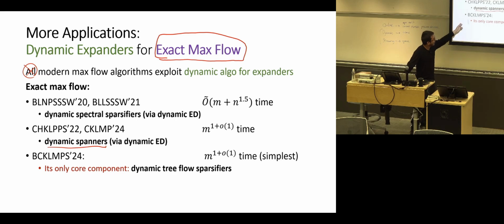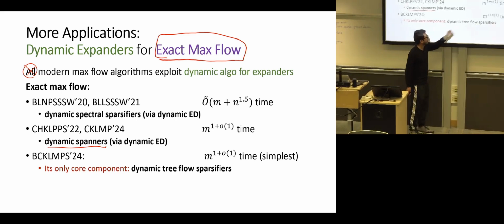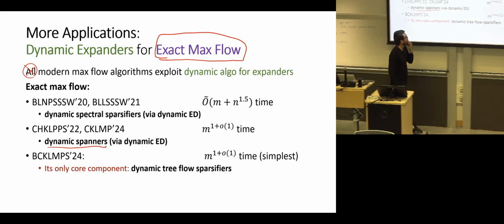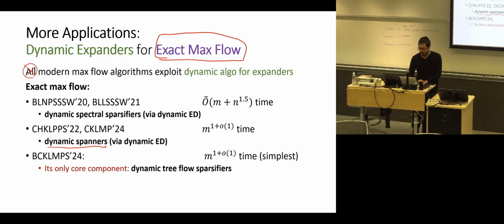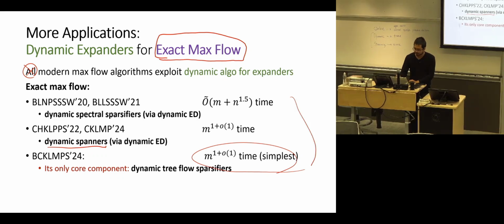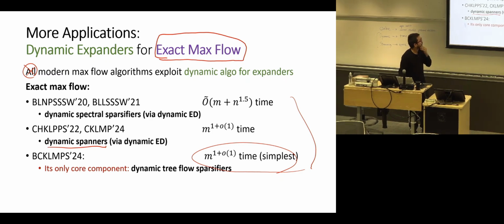But then there is another one which uses a dynamic tree flow sparsifier. And it's maybe the simplest one to learn among all of these. So if you want to learn how to compute max flow fast, just learn from this paper.